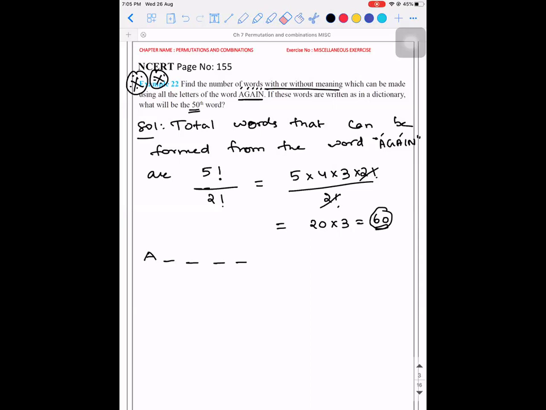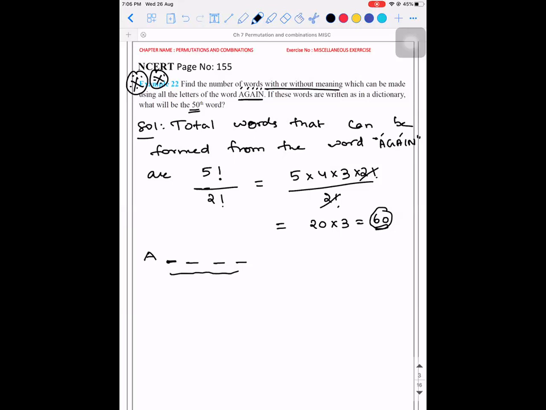If the first letter is A, then if I place A here, how many blank spaces do I have?